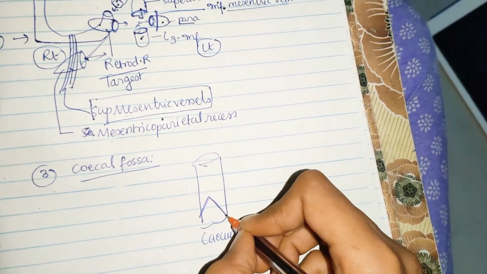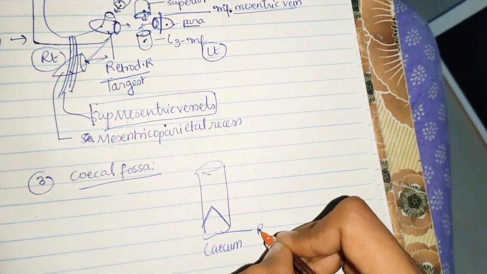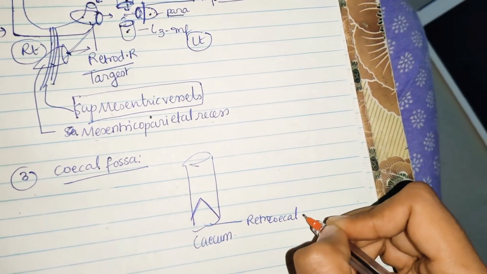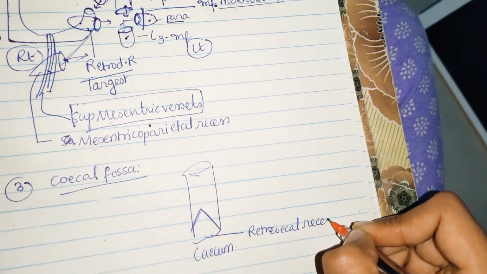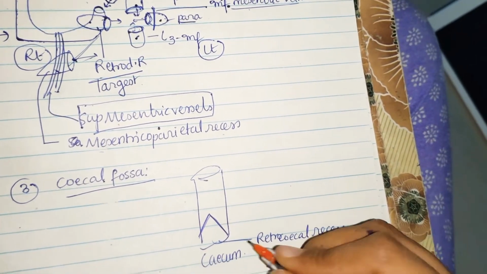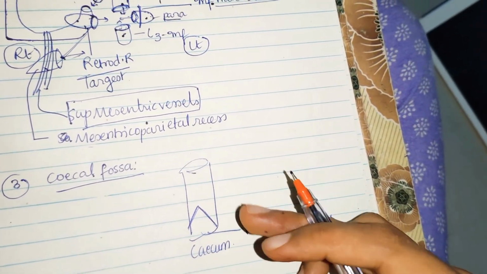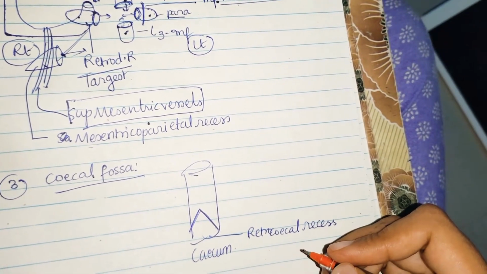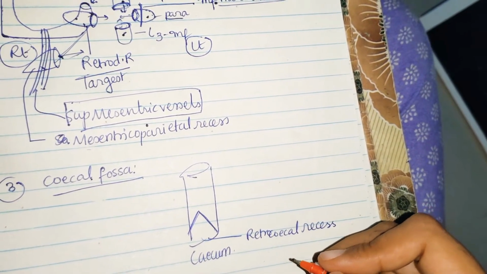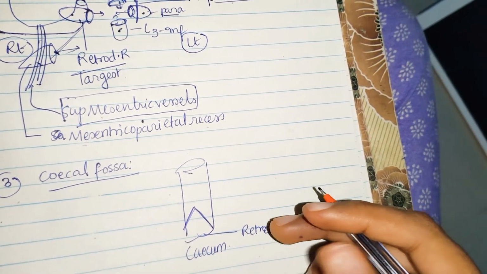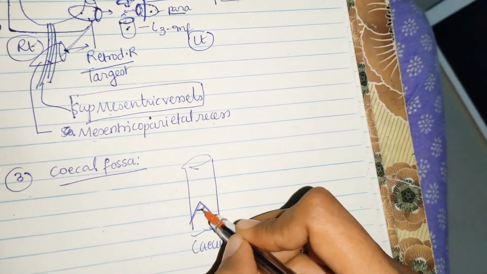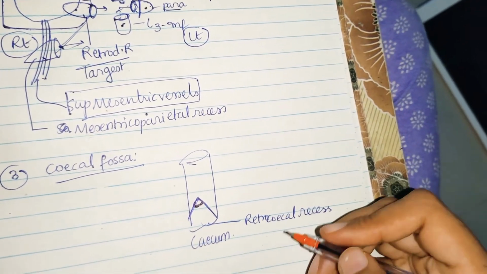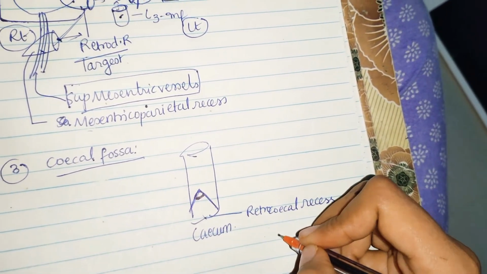This is one recess, called the retrocecal recess, which is located behind the cecum, and it also has the appendix with it. If you see its orifice, its opening is downward. This is the retrocecal recess.